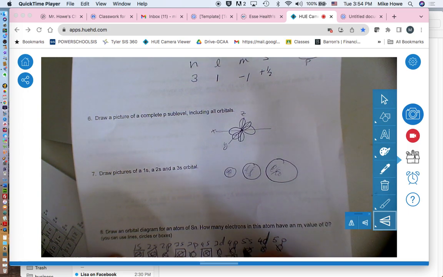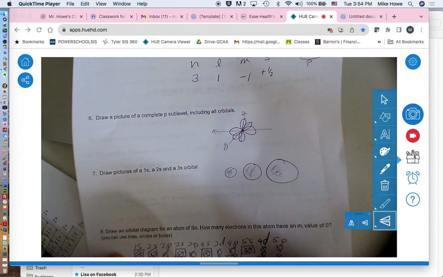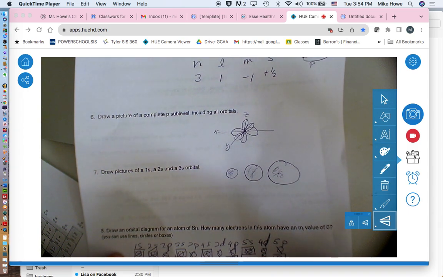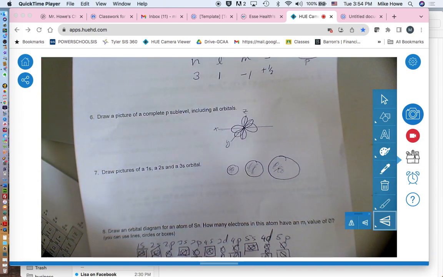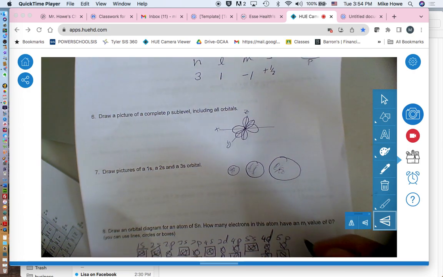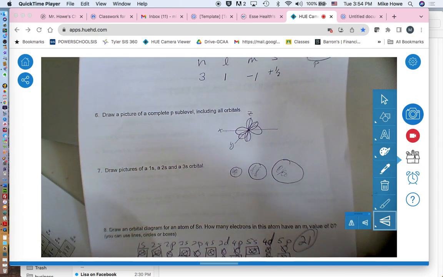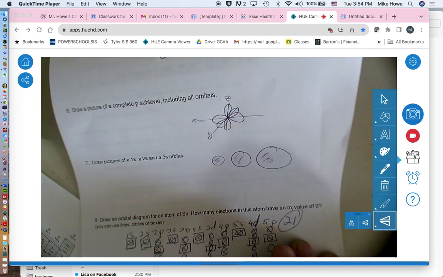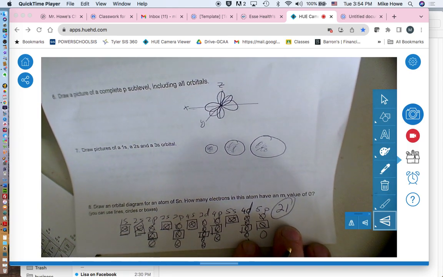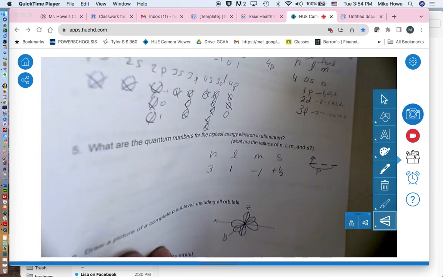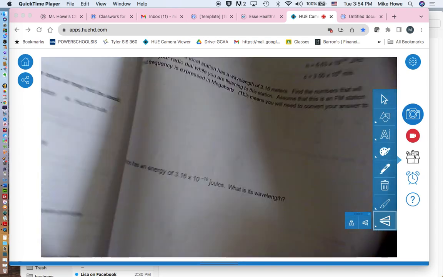So how many electrons in this atom have an m sub L value of 0? 2, 4, 6, 8, 10, 12, 14, 16, 18, 20, 21. So that answer is 21. There are 21 with the m sub L value of 0.